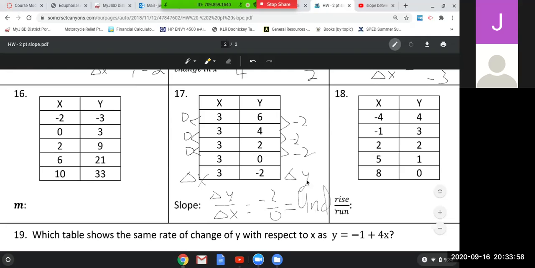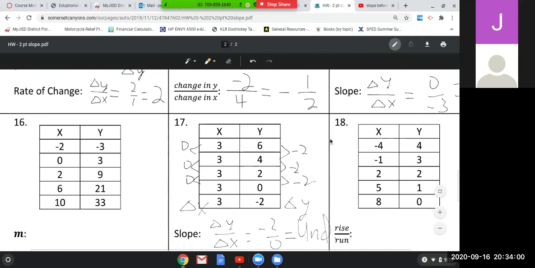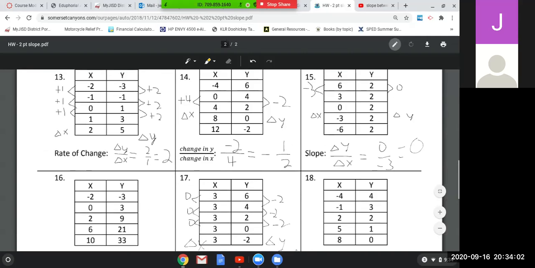That's all I have for now for that. So to get slope from a table, look for your change in x, and it's either going to be increasing or decreasing. Look at what you have to add or subtract to go from one to the next. Do the same thing on the other side with the y's, and then your slope is whatever numbers you have here over the numbers over here. It's your delta y over your delta x, and then simplify it.